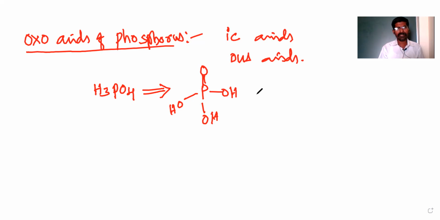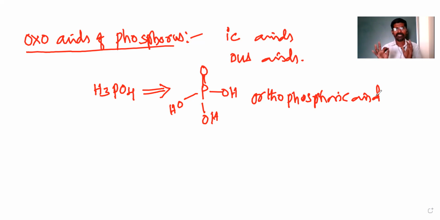The name of this compound is orthophosphoric acid. So this is the first reference acid, and we have to use this orthophosphoric acid.